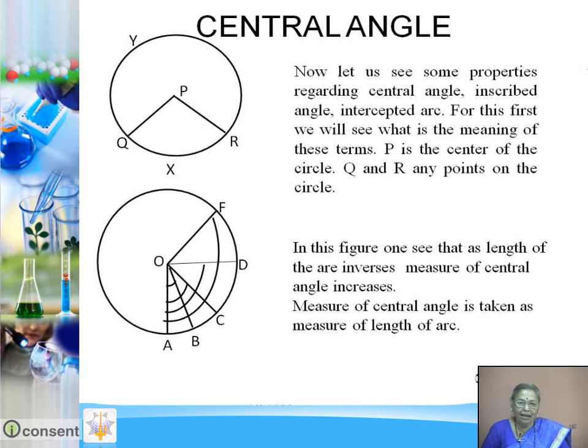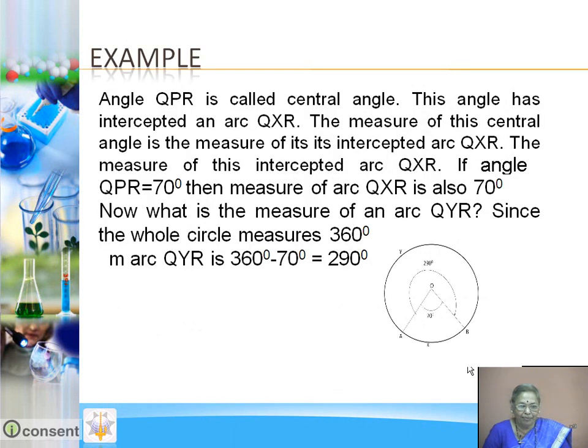Calculate this angle; it is on the other side of the central angle. If you subtract 70 degrees from 360, the answer will be 290 degrees, and that is why the measure of the other arc will be 290 degrees.